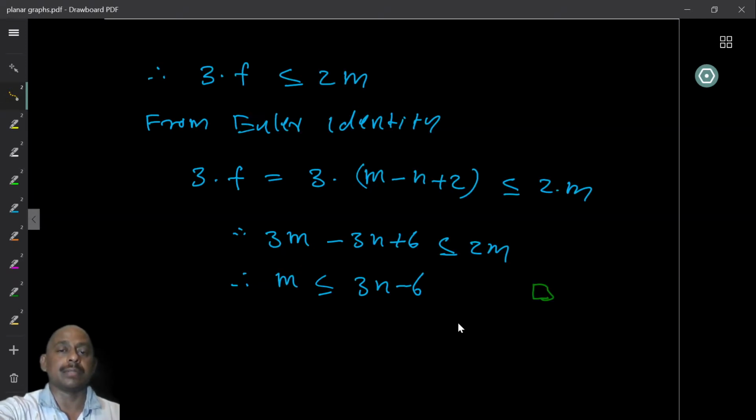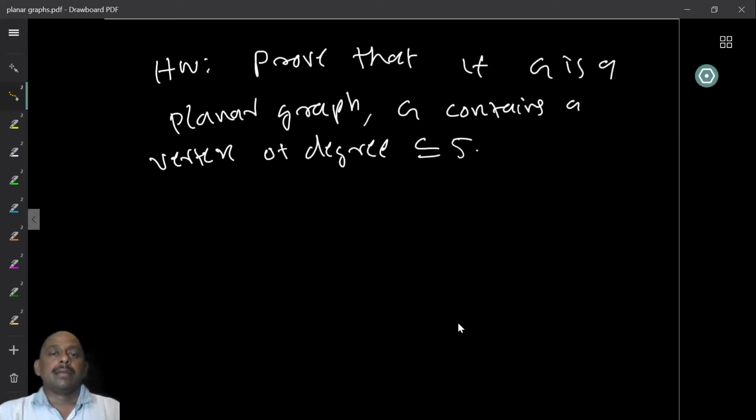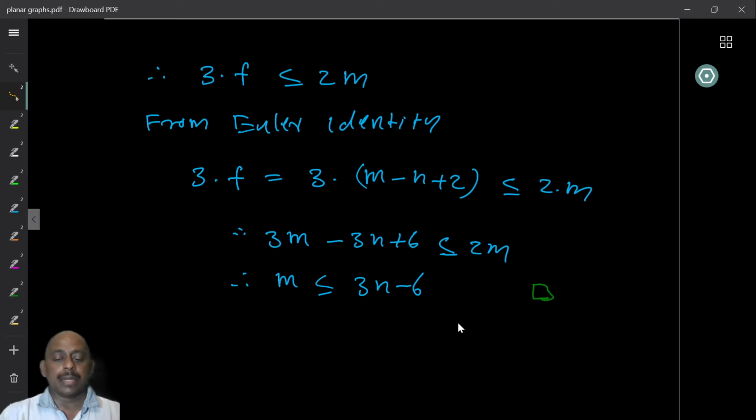We can now use this to prove several results. One way you can immediately think of using this theorem is that if a graph is given to you and you are asked to check whether the graph is planar, the first thing that you can do is to check if the number of edges is more than 3n minus 6.